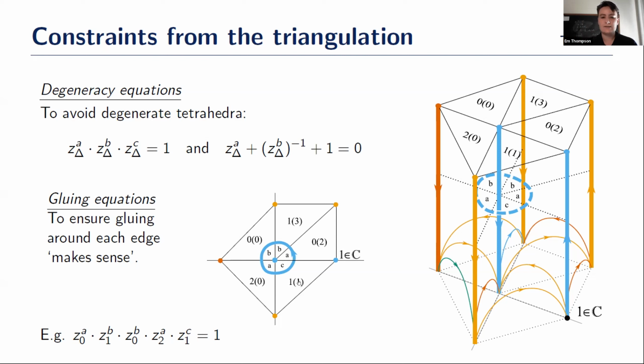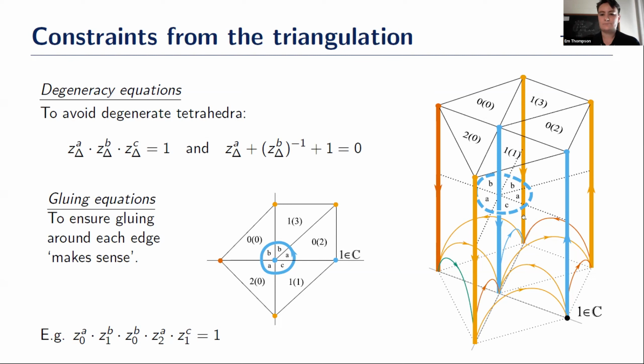You can ensure that by zooming in on one edge: you glue together tetrahedra around a single edge at a time and make sure they glue up around that edge properly. If you do that for all of the edges in the triangulation, then you've made sure it is a valid gluing and the hyperbolic structure makes sense.